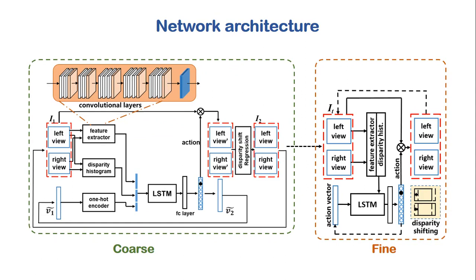In our formulation, the state consists of the input left and right views, the disparity of the views, and the historical experience. Especially, we use an LSTM latent layer, which encodes the historical experience by incorporating the previous actions. In this way, the state of the decision-making procedure not only considers the current observation but also involves the historical experience.